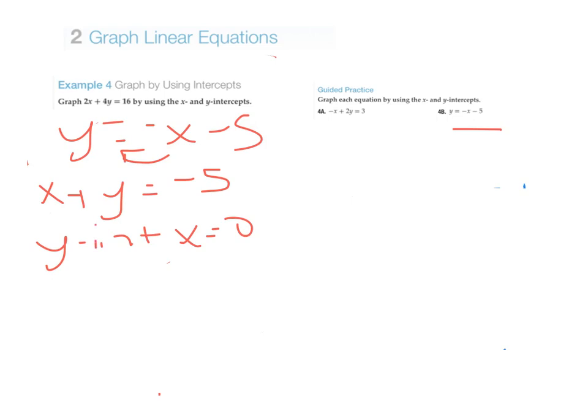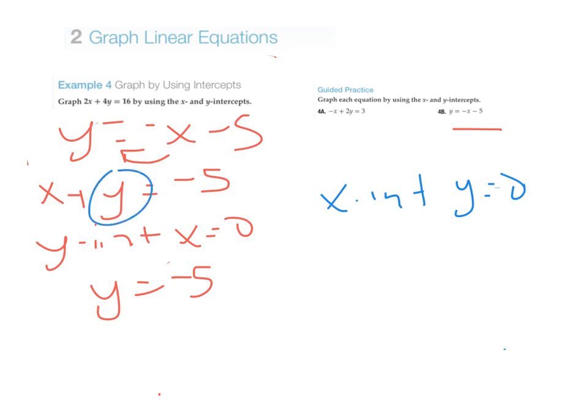If I make this 0, y equals a negative 5. Then I can find my x-intercept by making y 0. So this becomes 0, so x equals a negative 5. If we look at this and I want to write the coordinates, this is (0, -5), and this is (-5, 0). They're not the same coordinate.